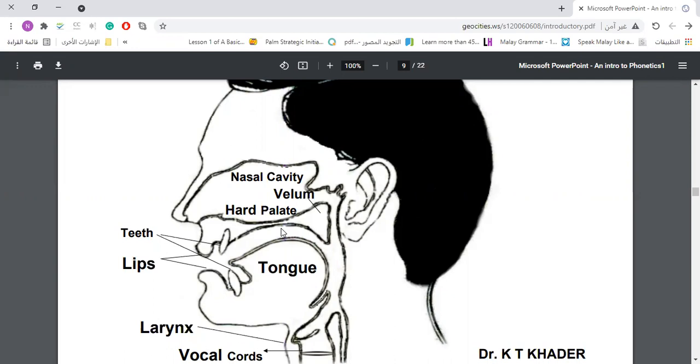If this separation is incomplete, air escapes through the nose during speech, and the speech is perceived as hypernasal. This is what happens when, for example, someone gets sick and they try to produce certain sounds, but these sounds merge with other sounds, so the result is incomprehensible words. For example, if someone is sick or has the flu and they say mama, it would be something similar to baba, because again, there's a problem in the separation area.